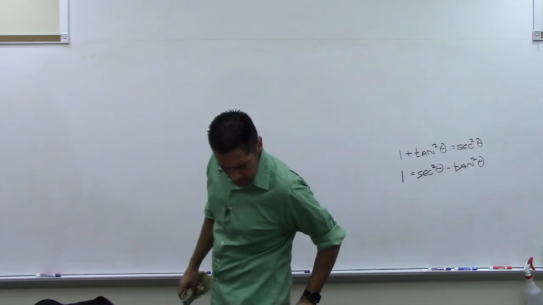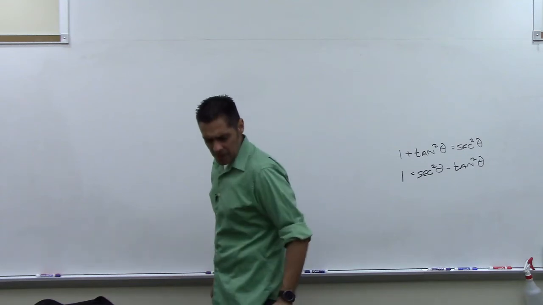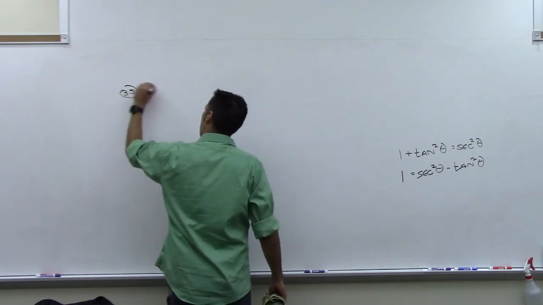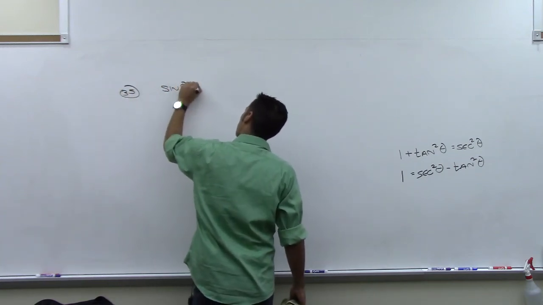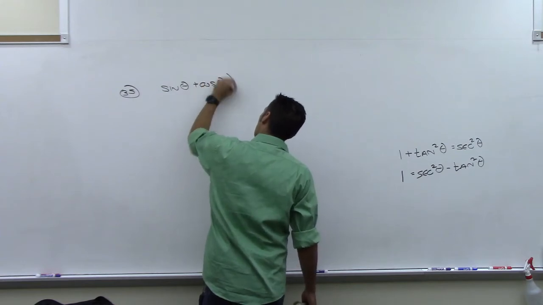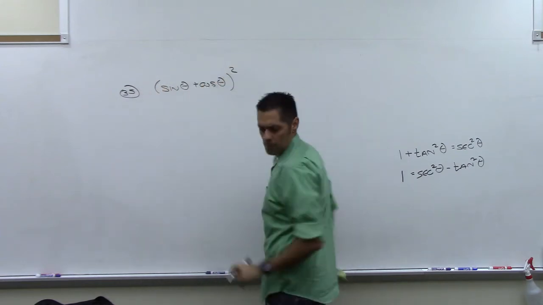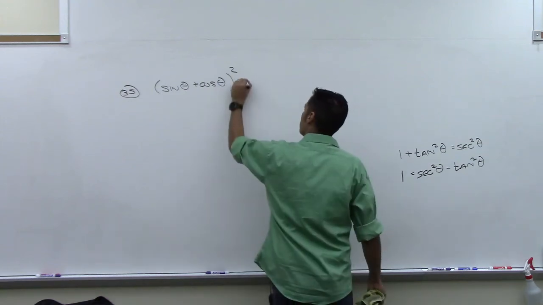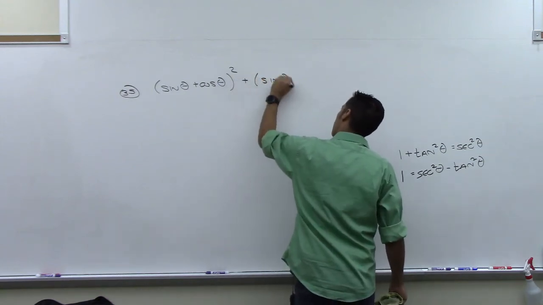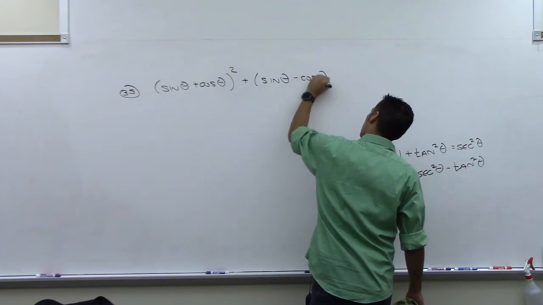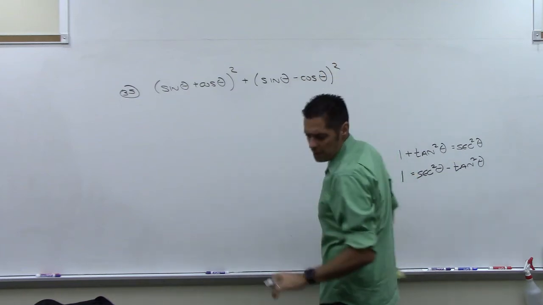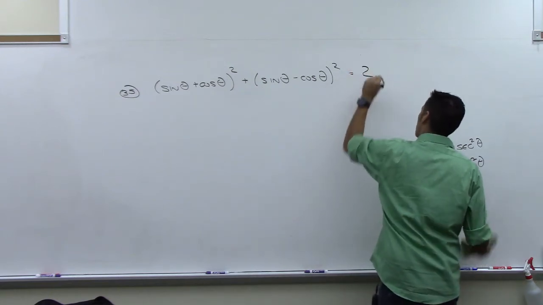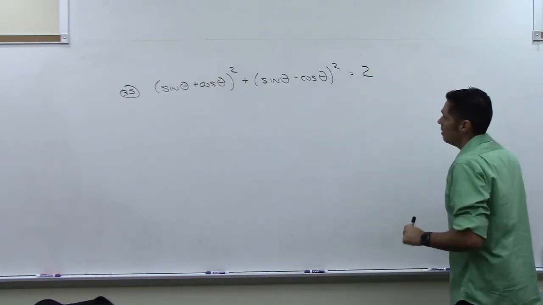Now number 35. Sine theta plus cosine theta, squared, and then plus sine theta minus cosine theta, squared. Show that that's equal to 2. Okay, let's start with that left side.